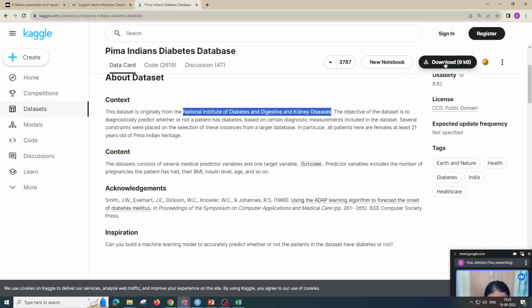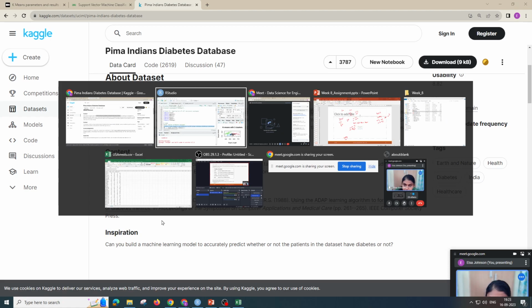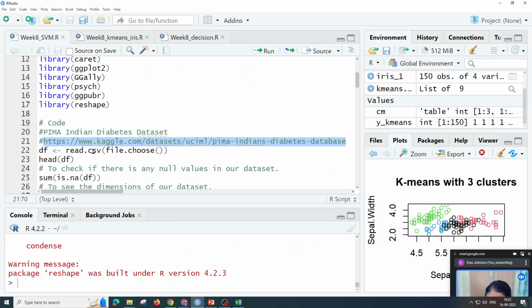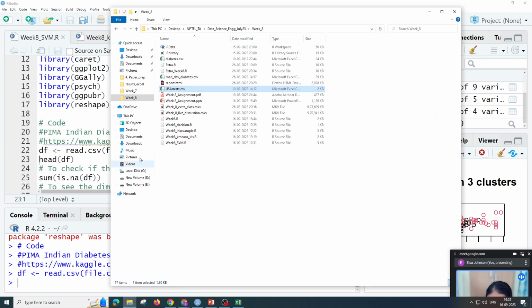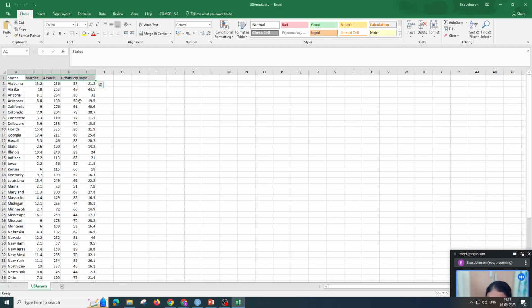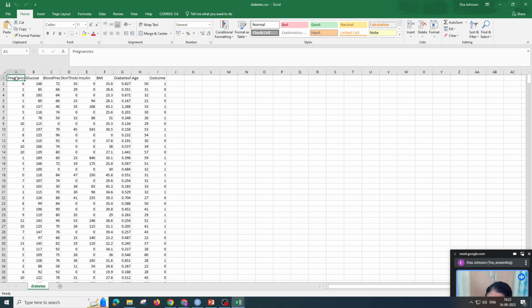So this is the particular data set, and you can download it and use it. I have just downloaded it and stored it as diabetes.csv. I'll show that data. It looks like this.